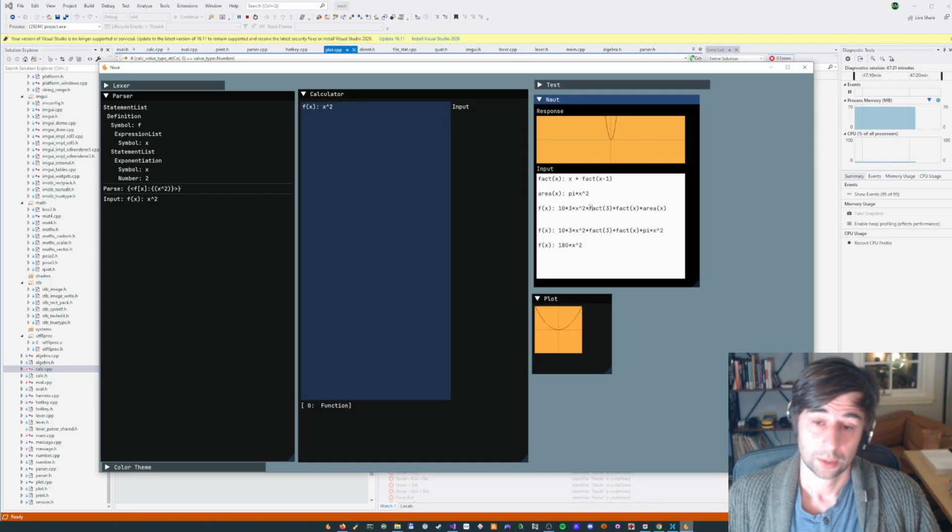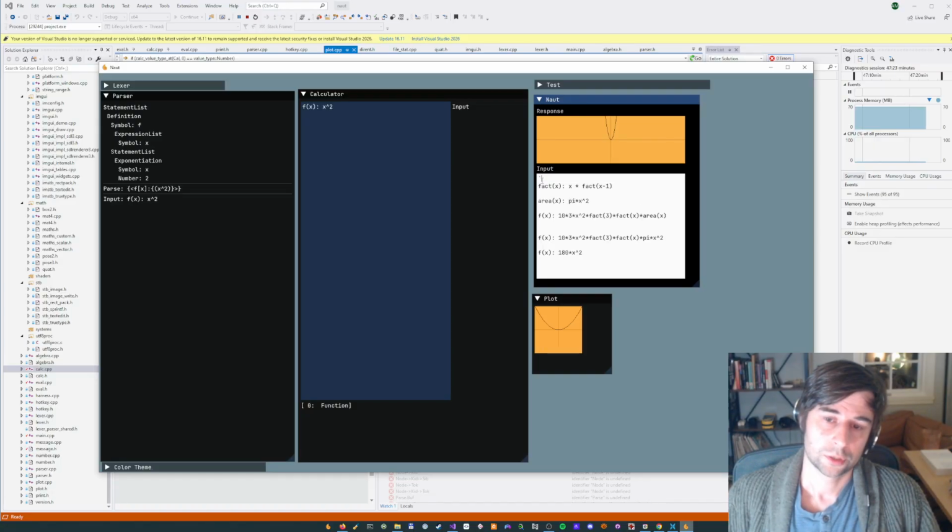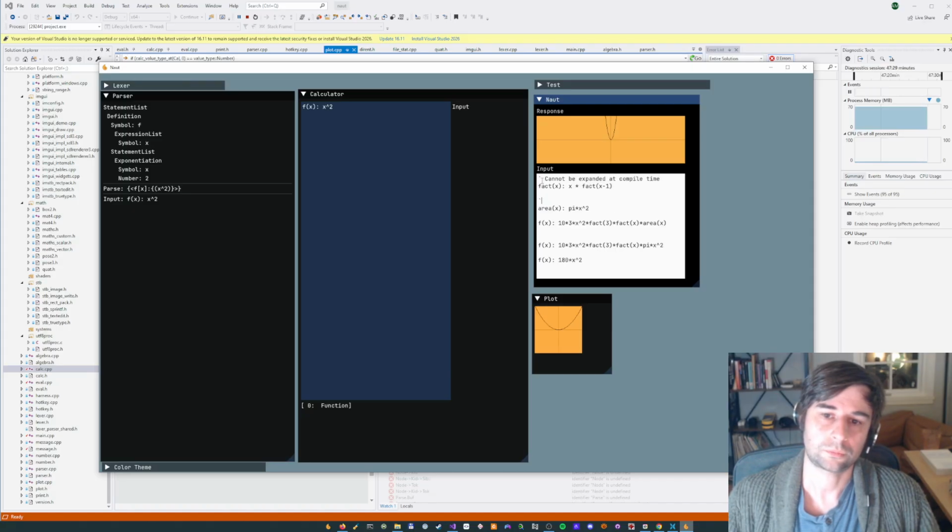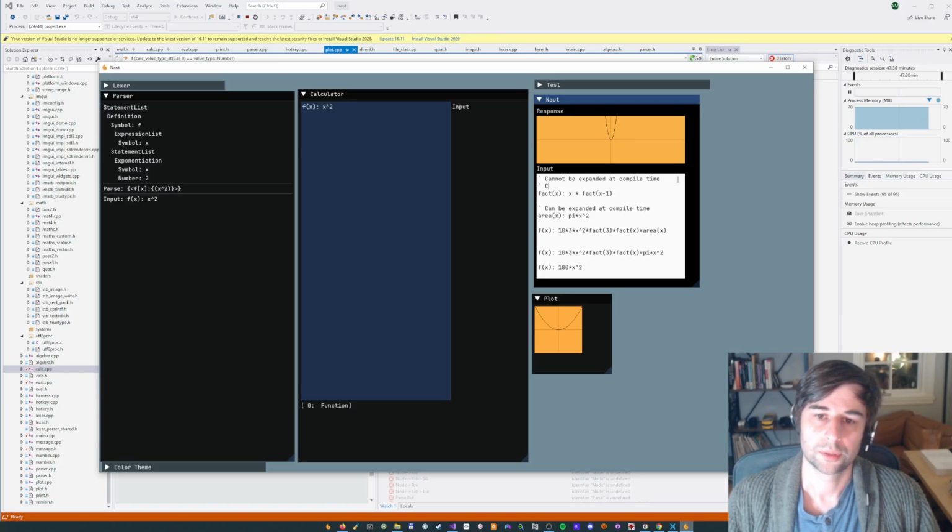So factorial functions cannot be expanded at compile time, but these can be evaluated at compile time if constant args. So it sort of depends on how the args flow.